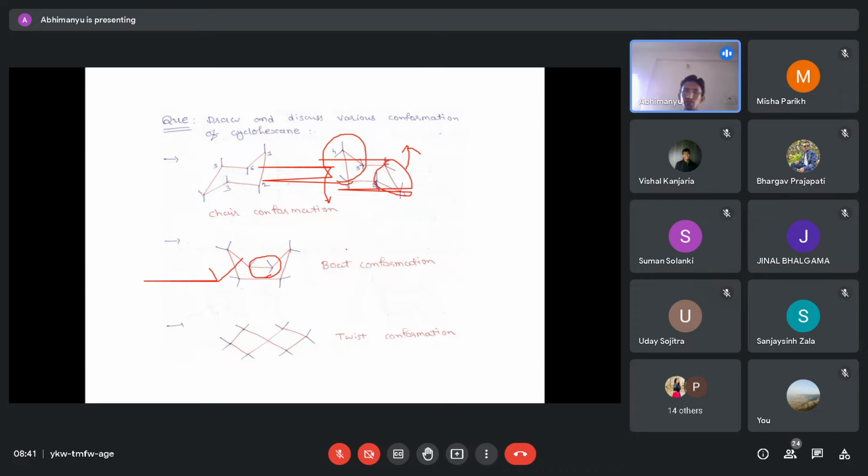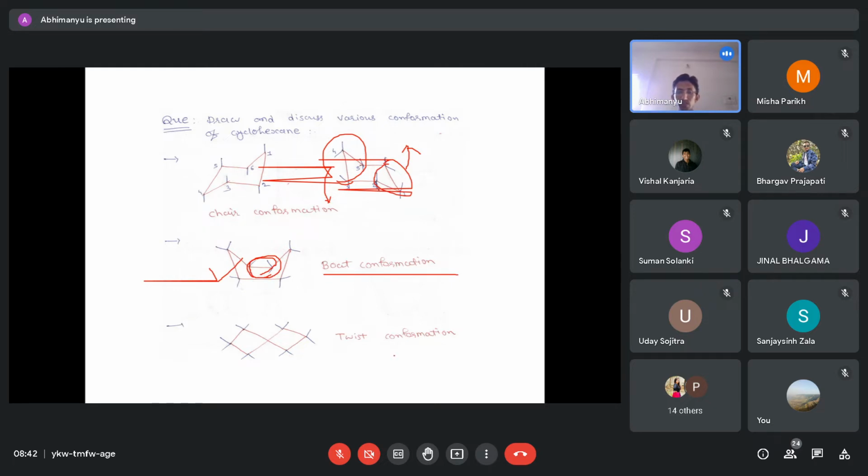And the stability of the boat conformation is very, very less due to the 1,2 diaxial interaction, as compared to chair and twist.